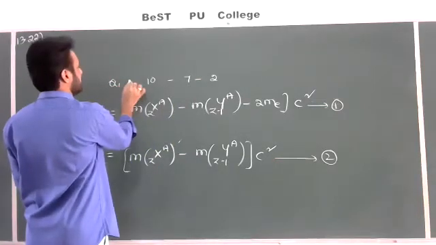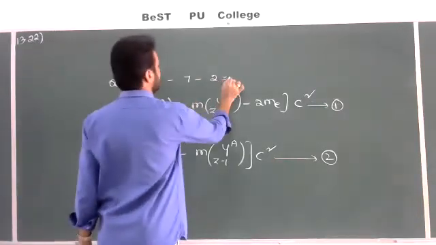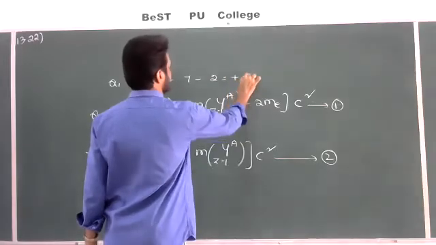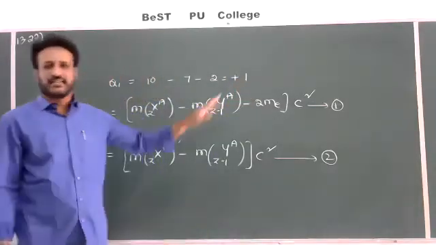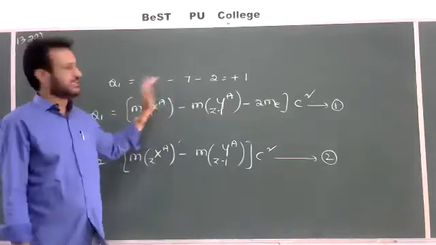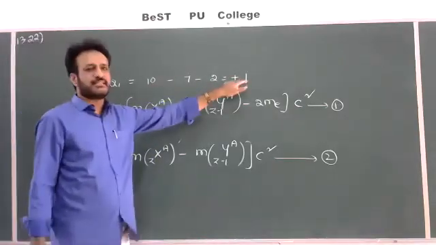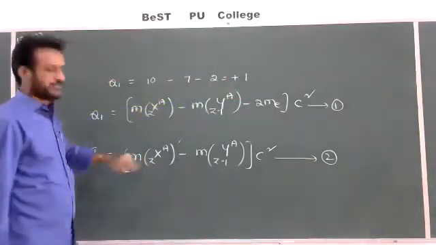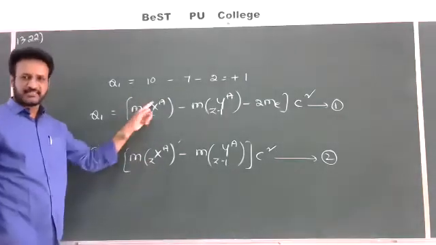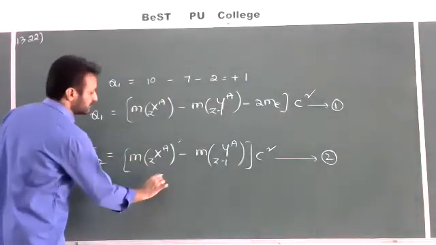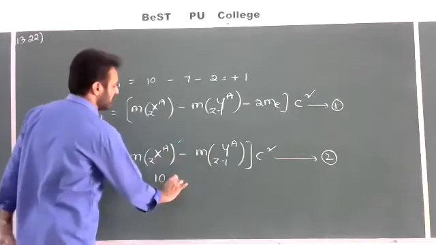We can write Q1 is equal to plus 1. Plus 1 means, don't write numbers, I have written only to understand. So Q1 is plus 1 means it is greater than 0. What about Q2? Same, M of x ZA is equal to 10. So this value is equal to minus 7.